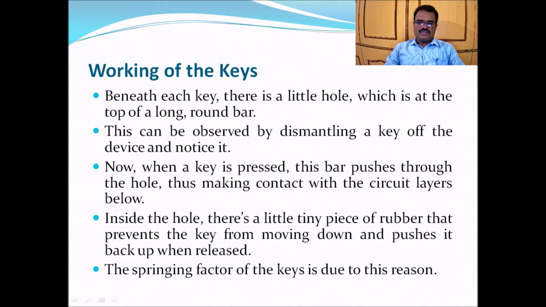Inside the wall, there is a tiny piece of rubber that prevents the key from moving down further and pushes it back when released. The springing factor of the key is due to this.